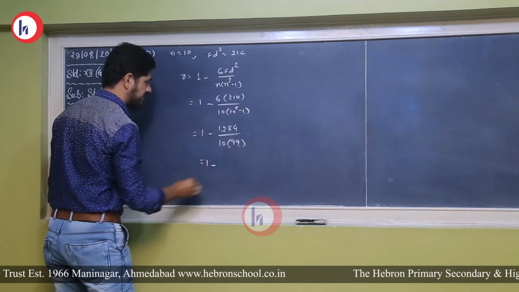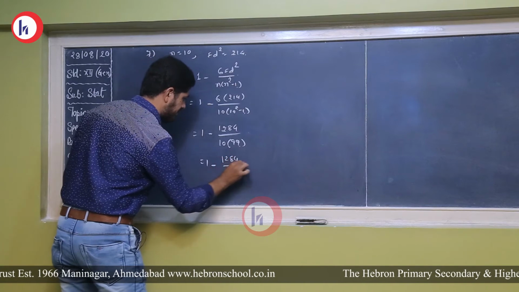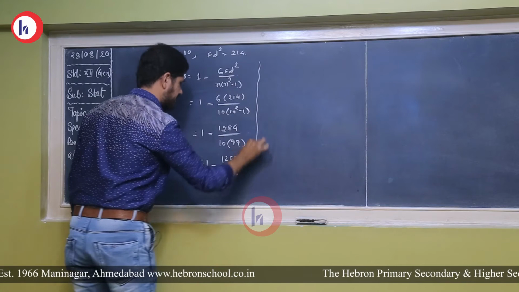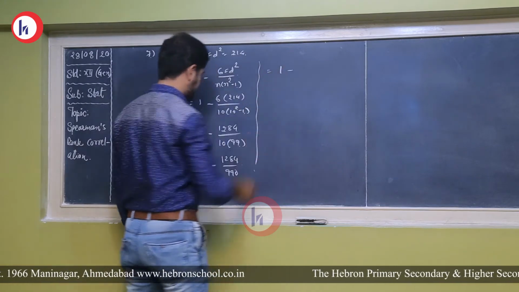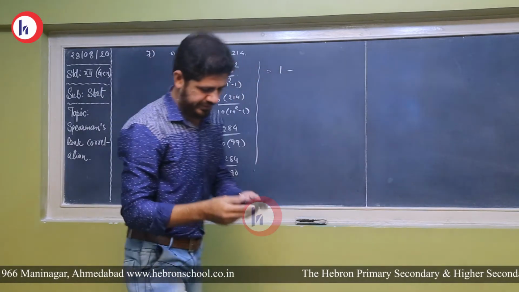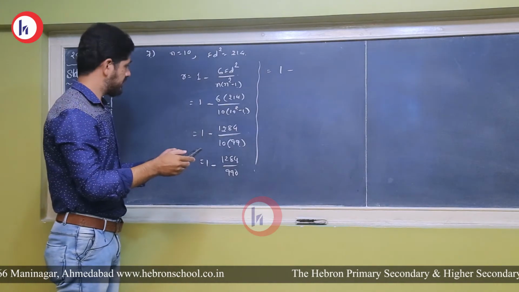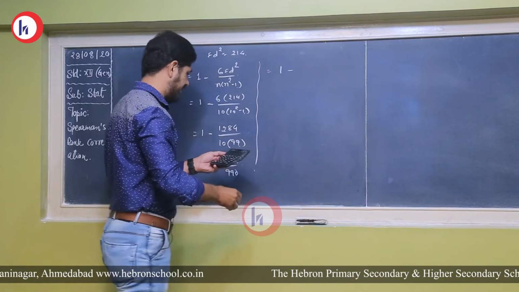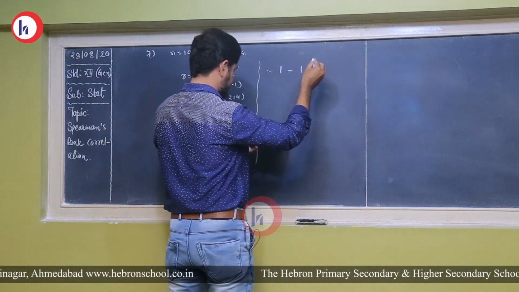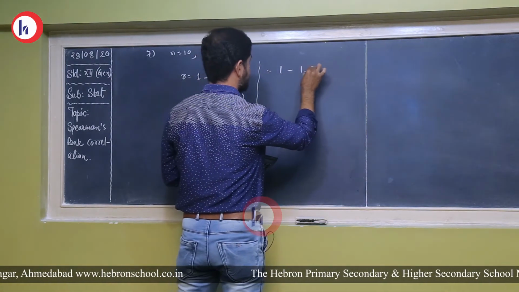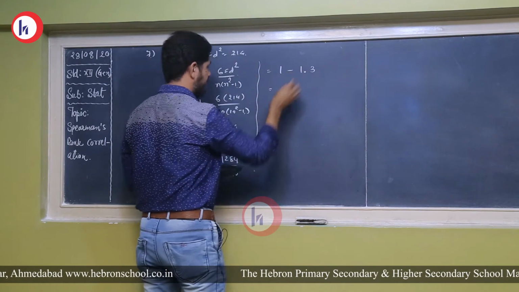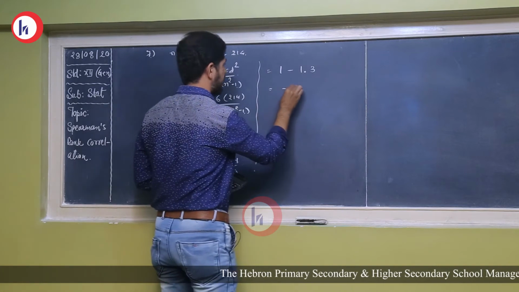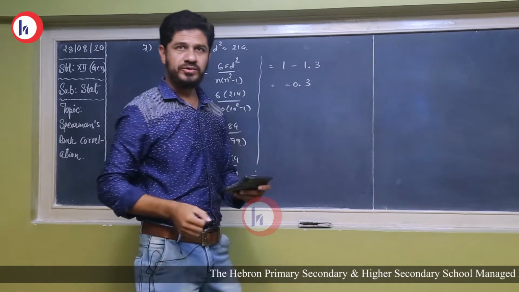So 1 minus 1284 upon 990. So 1 minus 1284 divided by 990 will get 1.3. So 1 minus 1.3, the correlation is minus 0.3.